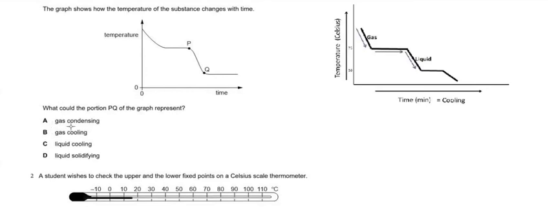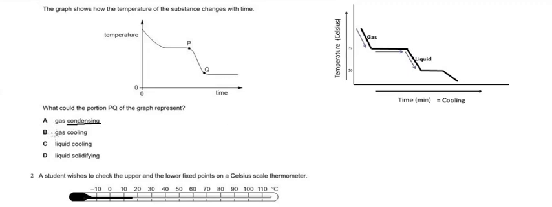Option A is gas condensing, which is not possible because condensing indicates that there is a state change. In a state change, the temperature remains constant, and in PQ the temperature is decreasing, so it cannot be the answer.